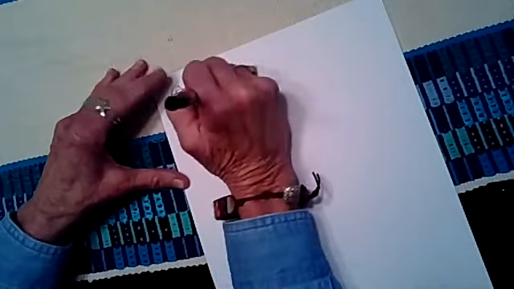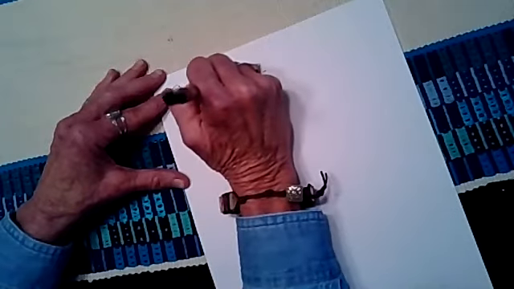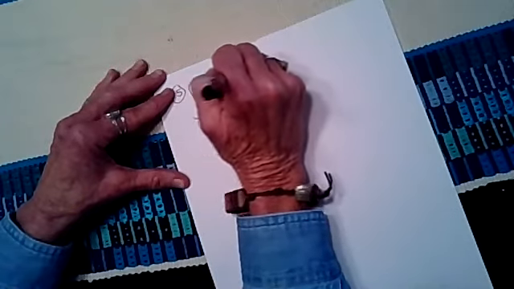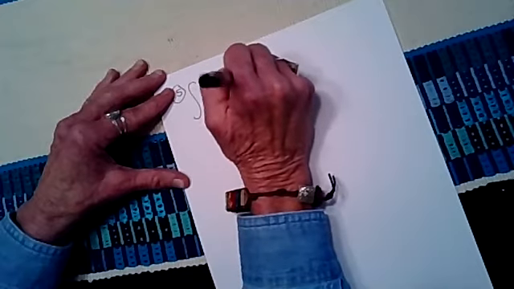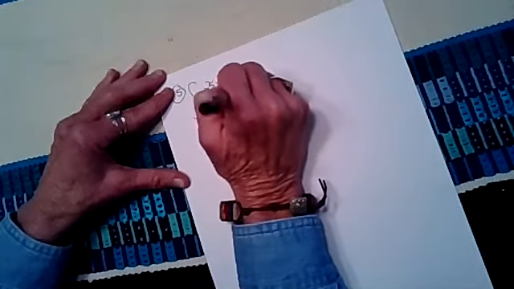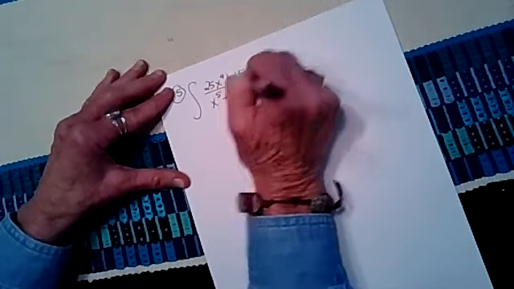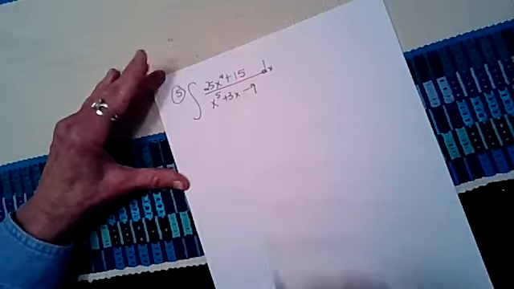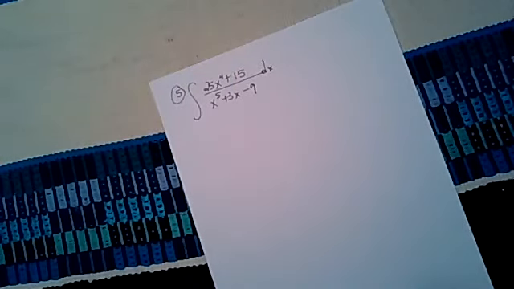The integral of 25x to the 4th plus 15 over x to the 5th plus 3x minus 9 dx. Okay. All right. So the first thing I have to do is move any quantities up. Let's see if I can get that more focused.